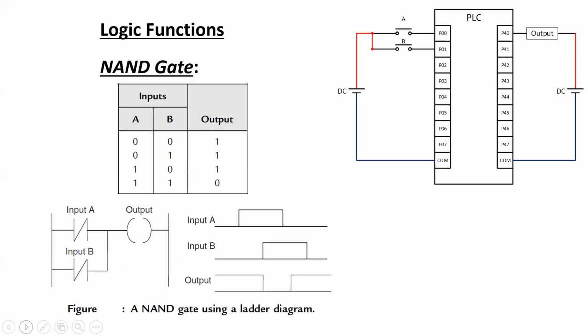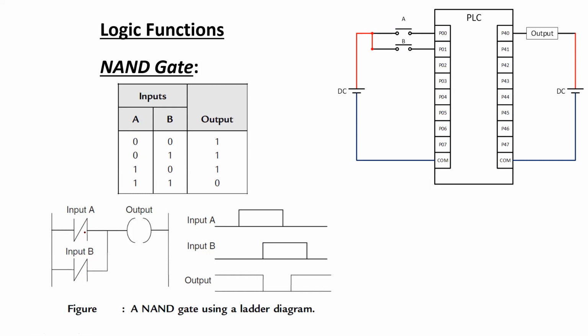So similarly, the NAND gates and the NOR gates can also be implemented, keeping the same hardware connection. So in the instruction, in case of implementing a NAND gate, instead of using normally open contacts, normally closed contacts can be used, and they can be put into parallel.